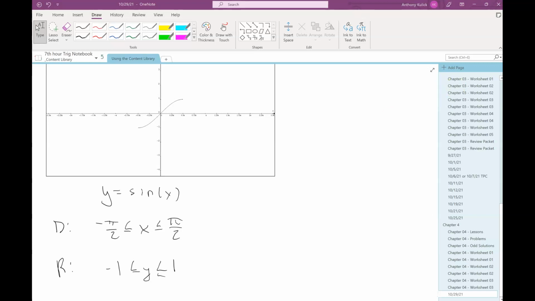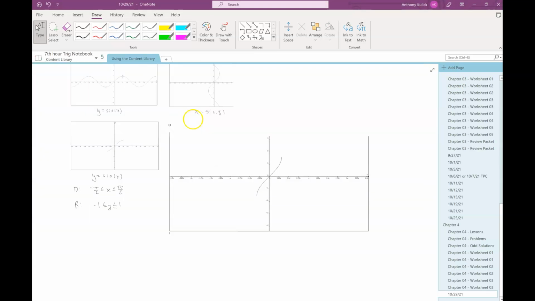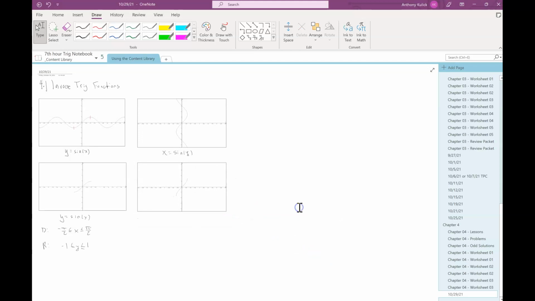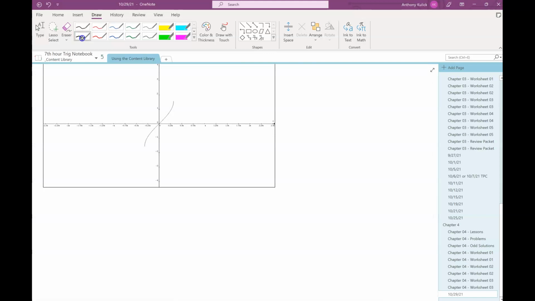So now, if we swap the x and y coordinates, we're going to have something that looks like this. Does this pass the vertical line test? Yes.